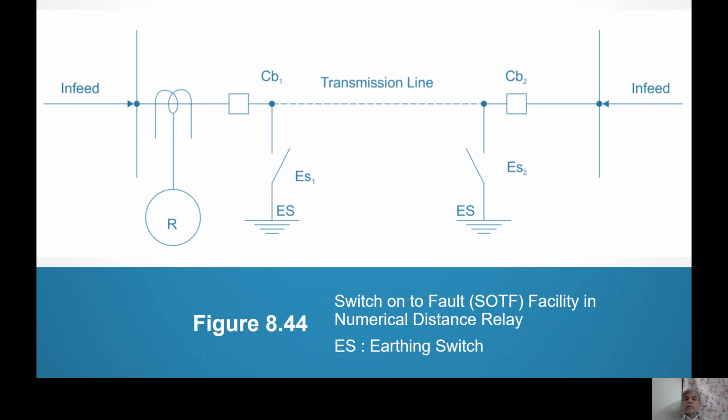Now line maintenance is complete. Somebody forgets to open ES2, the earthing switch at the other end, and makes CB1 on. Between CB1 and ES2 there is no interlock. So it is possible that this mistake can be made. This is switch on to fault, and the circuit breaker will operate immediately in this case.